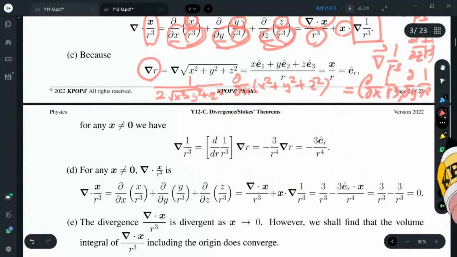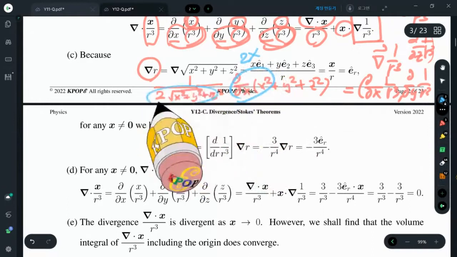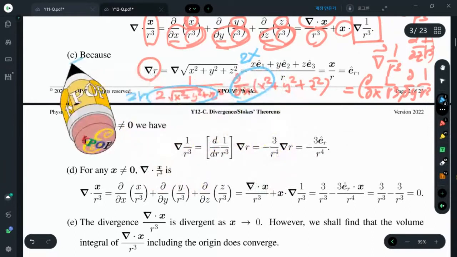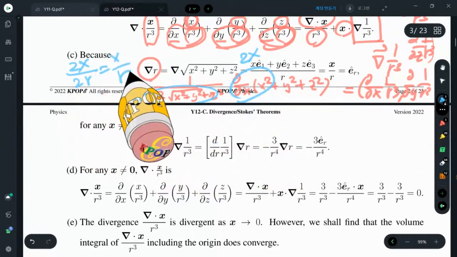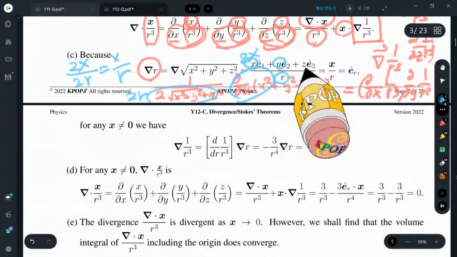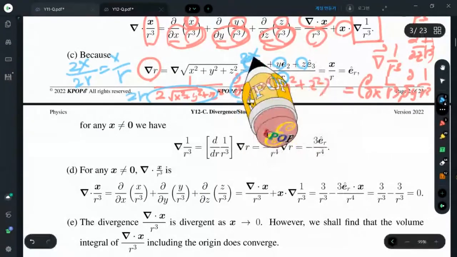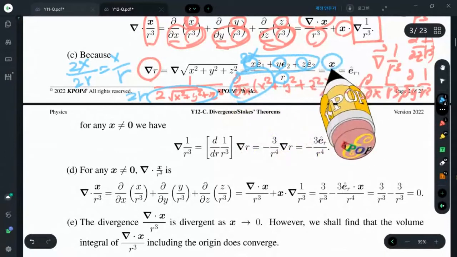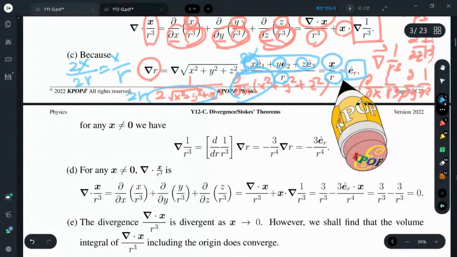This is 2x, this is 2r. So 2x over 2r equals x over r. Just like that, x over r, y over r, z over r for the x, y, z components. Oh, this is the x vector divided by its magnitude. So the unit radial vector, simple.